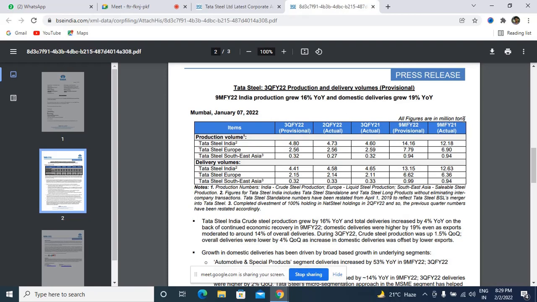So whenever you are going to read anything about the steel sector, the basic unit is going to be million tons. What can be the short form? It can be MNT, it can be MT. You should just read and try to articulate, right?